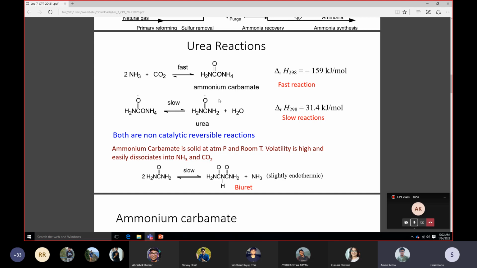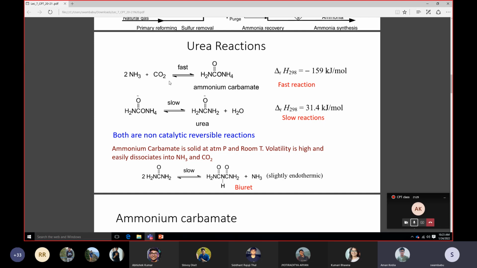Another problem with ammonium carbonate is that it is a solid at atmospheric pressure and temperature, but its volatility is very high. It dissociates into ammonia and CO2. If you leave it in normal conditions, ammonium carbonate easily converts into ammonia and CO2.